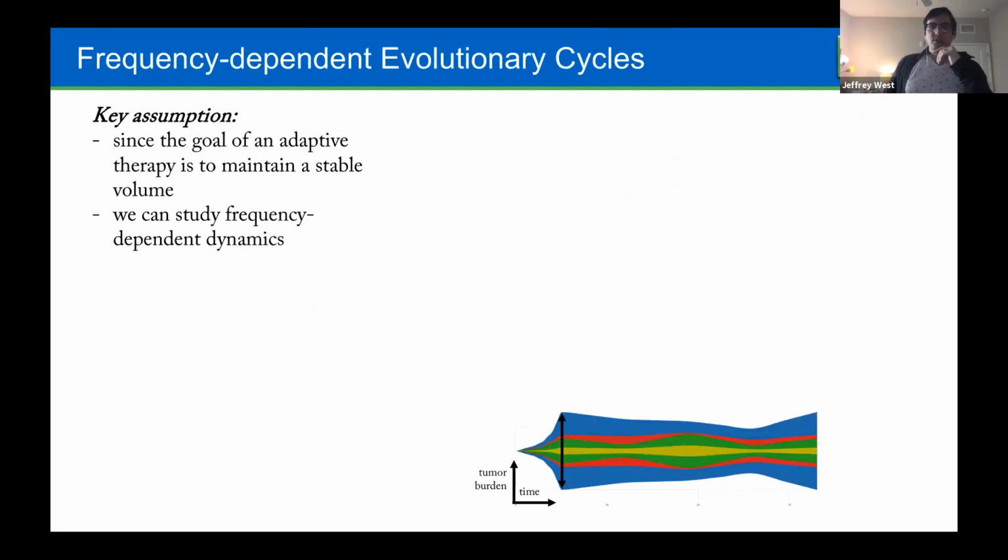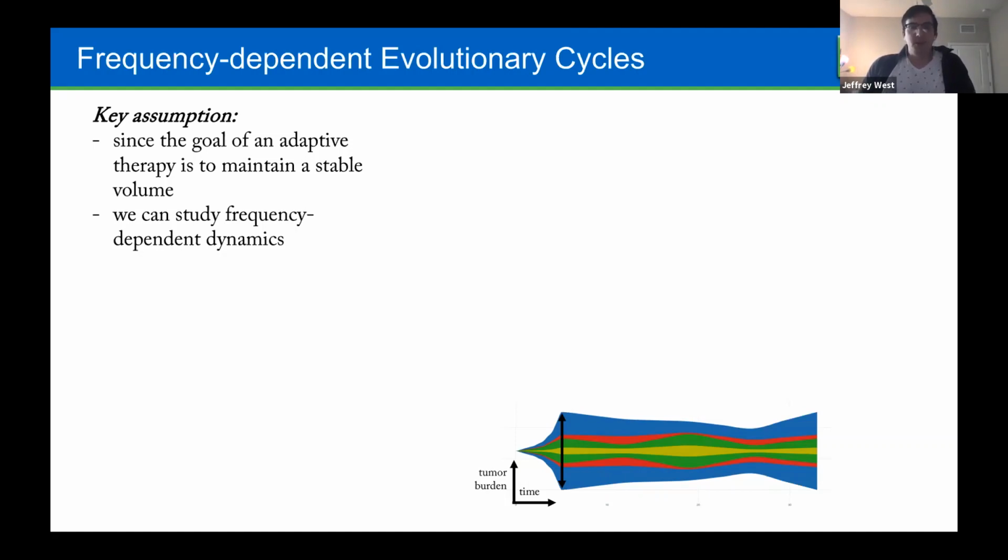So why do we do this? Well, the key assumption behind adaptive therapy is that we want to maintain a stable tumor volume. We've heard much about that this week. If we can maintain a stable volume, then we can shift our attention to the frequency domain, meaning what is the fraction of each cell type at every given point in time.